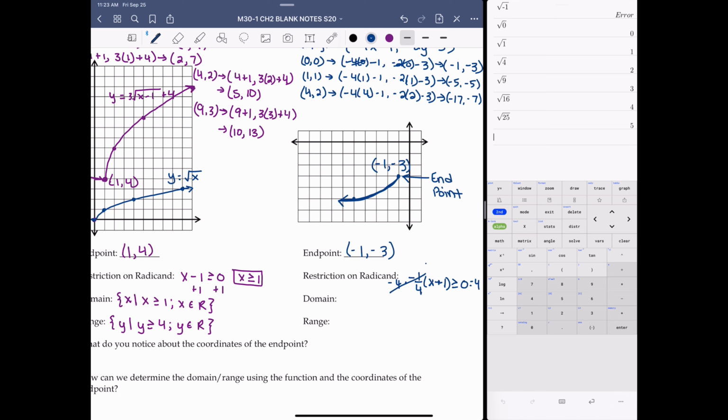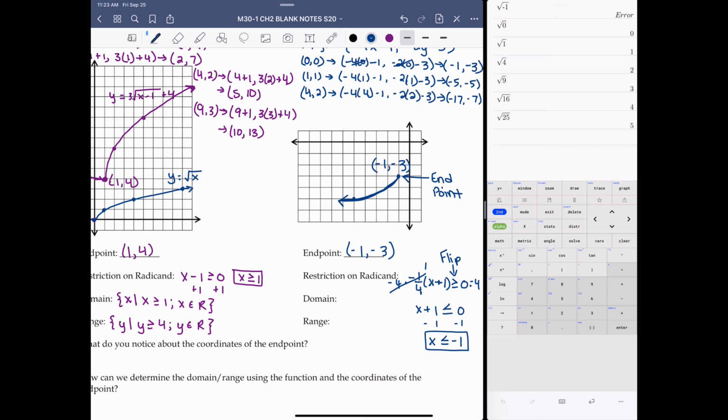This is going to divide to 1. We have x plus 1, and then the sign has to flip. It is less than or equal to 0, since 0 times -4 is still 0. We're going to subtract 1 from both sides. X has to be less than or equal to -1.